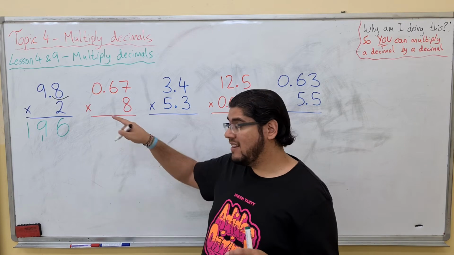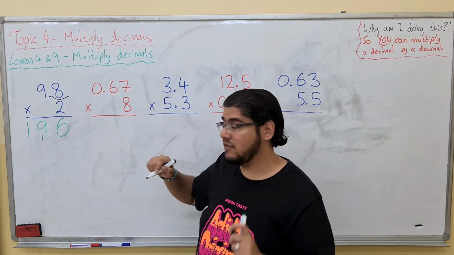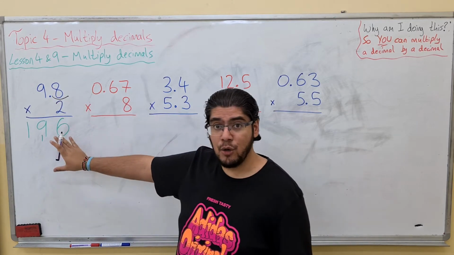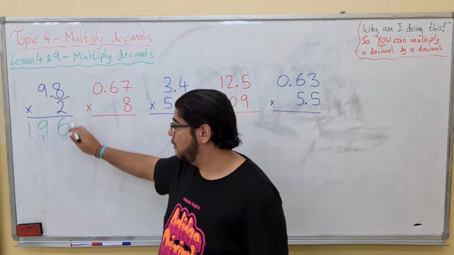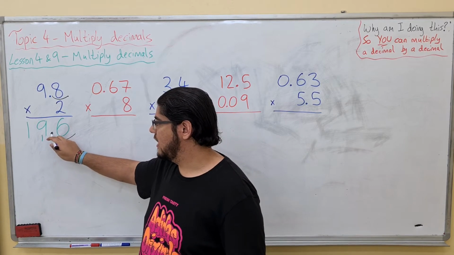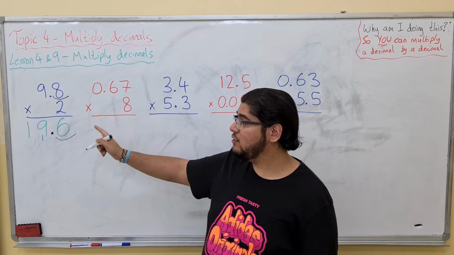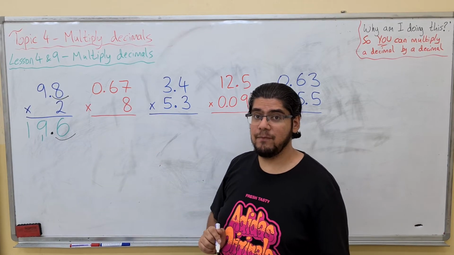So that means in the answer, we will also put one decimal place. So we've done our normal calculation, and now put the decimal place. So let's count 1, and then the decimal point. So the answer to 9.8 multiplied by 2 is 19.6.